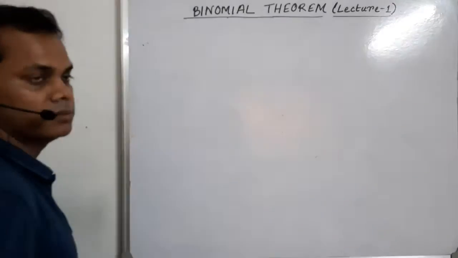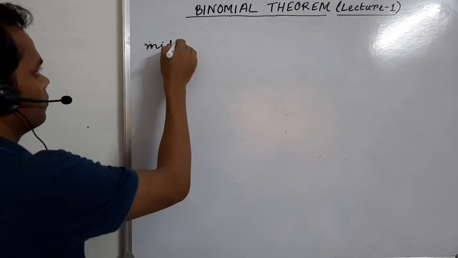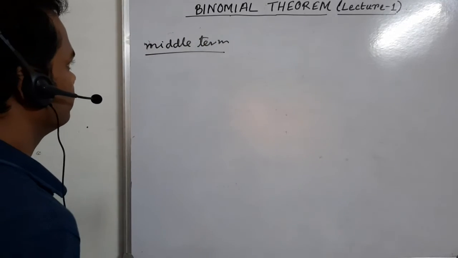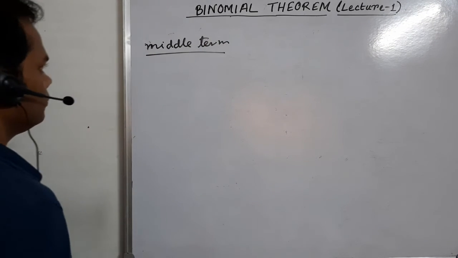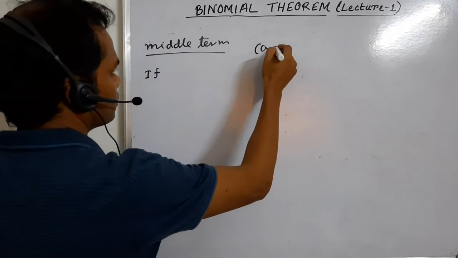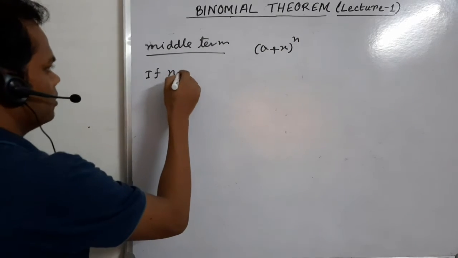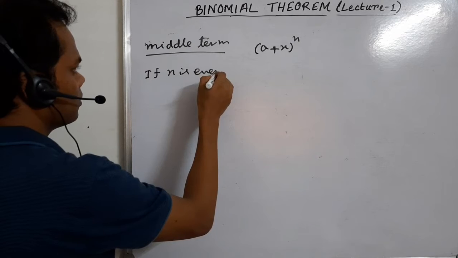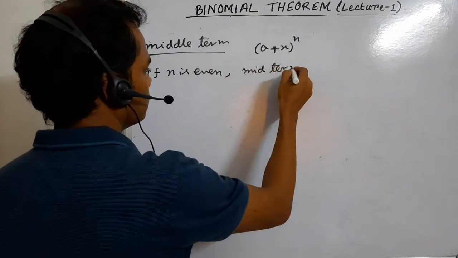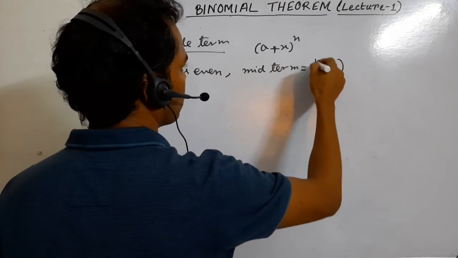Next is the middle term. For (a+x)^n, if n is even, then the middle term equals the (n/2 + 1)th term.